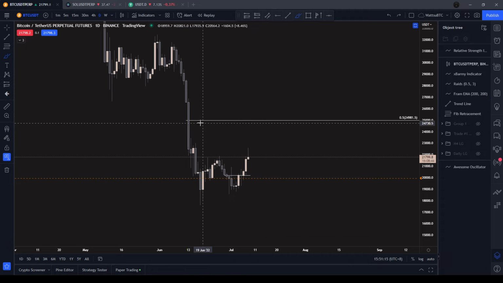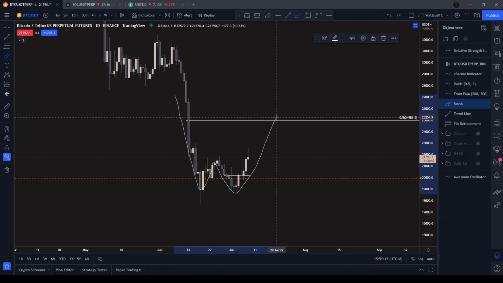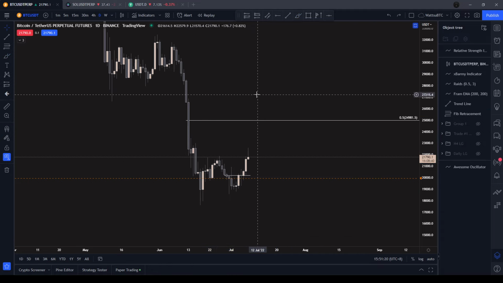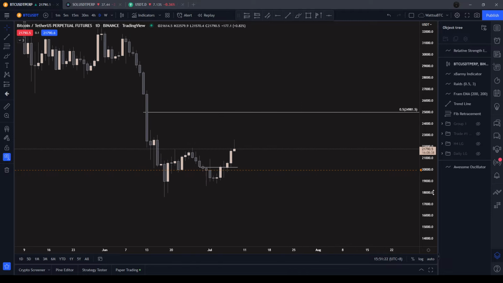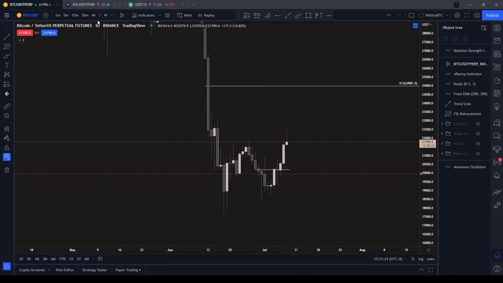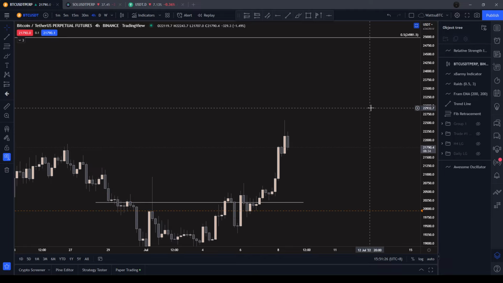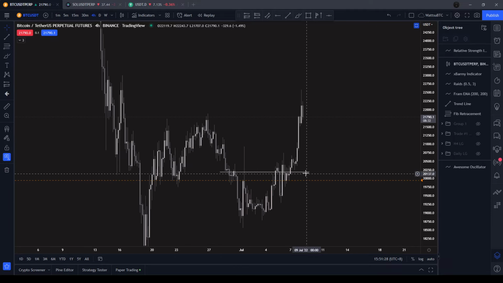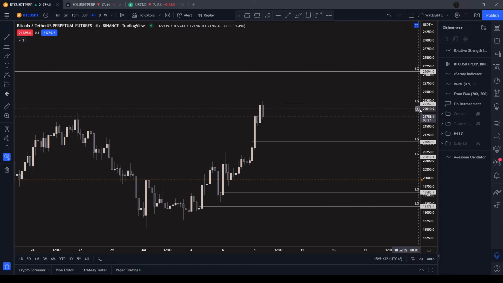You see the Batman pattern right here. Still fairly bullish temporarily. So let's get back to the 4-hour time frame and explain the trade that can be taken.